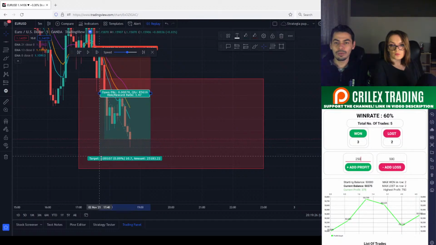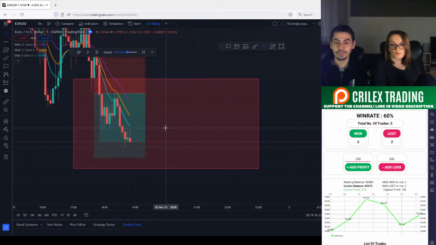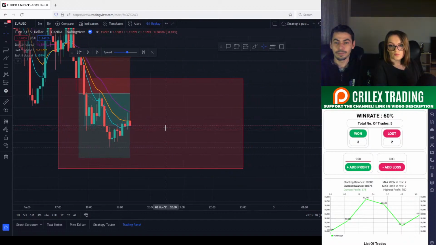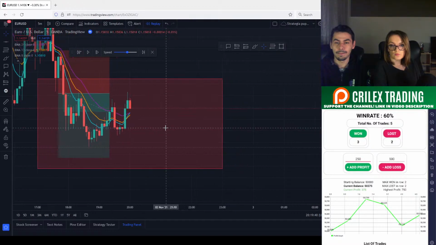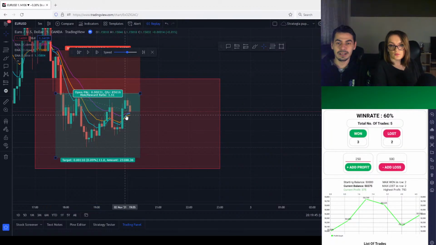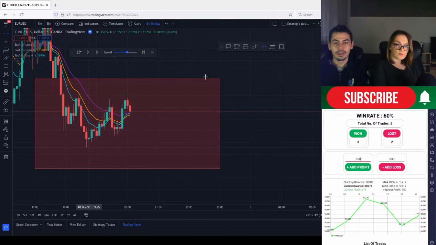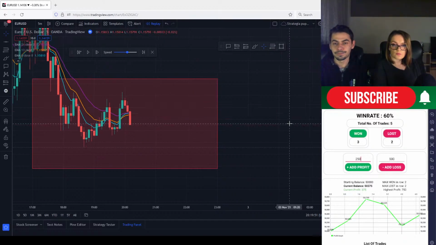And now we will see if it reaches 1.5-to-1. In this case, we will open a hedge. In this case, we will open a buy position right here. But unfortunately, this position was closed at break even as it is, so nothing to add here anymore. We will just move on.